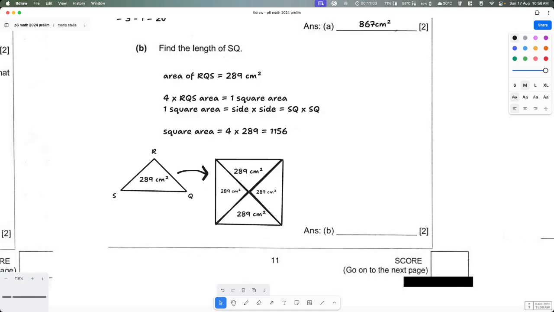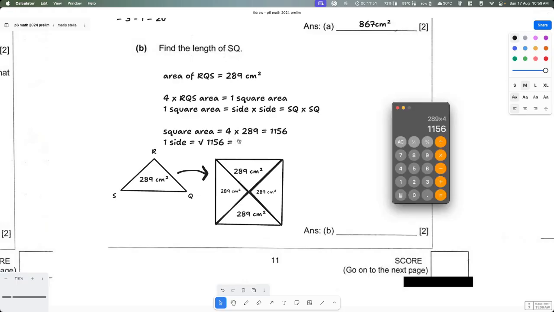1156. So one side of the square is equal to, we need square roots of 1156. Then we can use our scientific calculator.